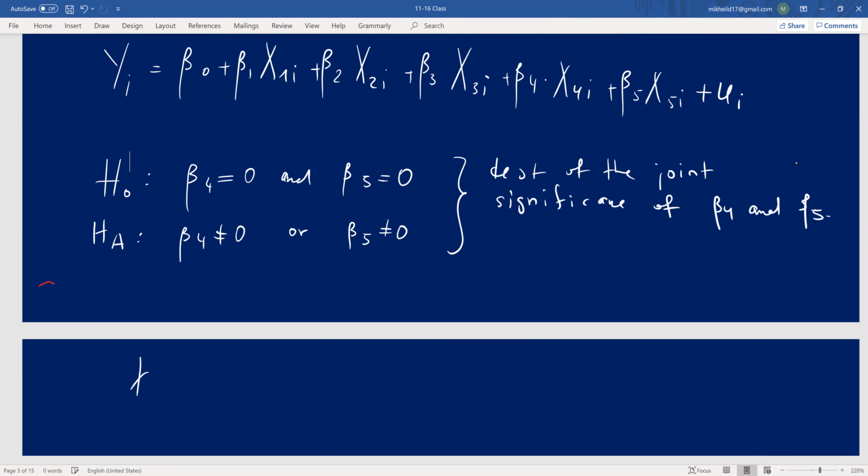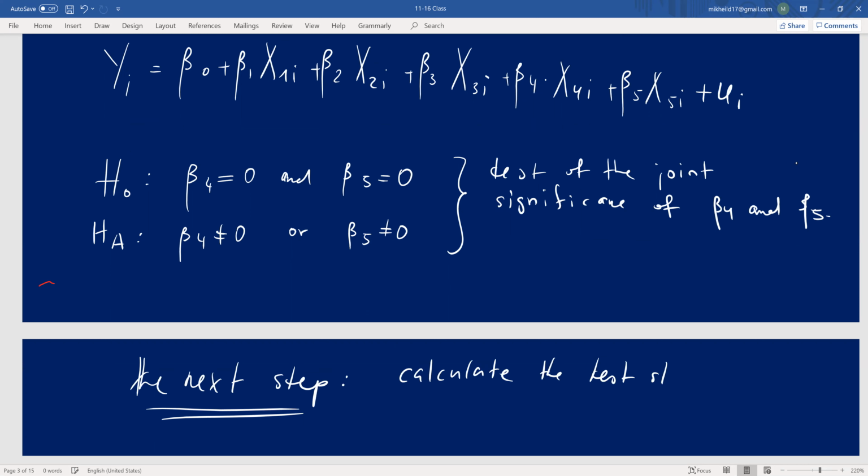Yes, the next step is, like always, calculate the statistic. Which is known as F statistic. Okay.